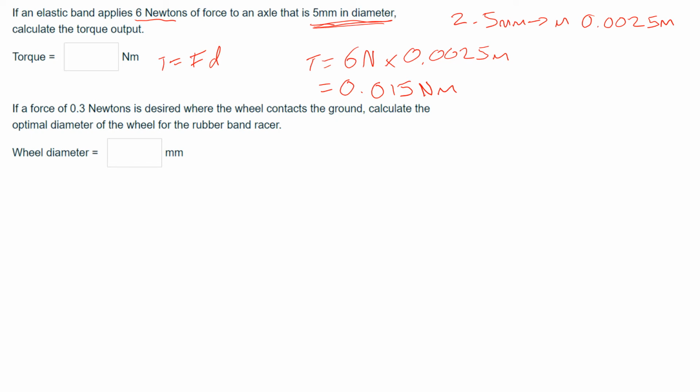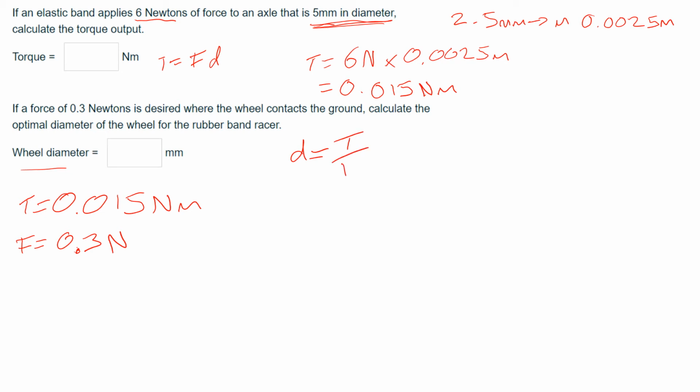So given that our system is putting out 0.015 Newton meters of torque, and that the force that we want is going to be 0.3 newtons, what do we want our wheel diameter to be? Well, if we use our formula, D is equal to torque divided by the force.